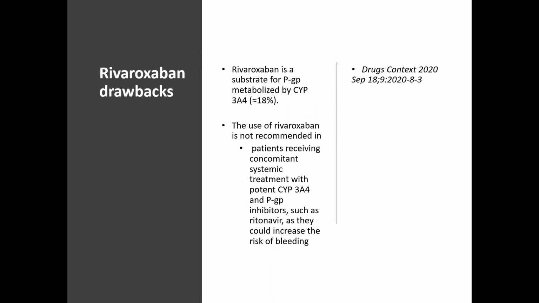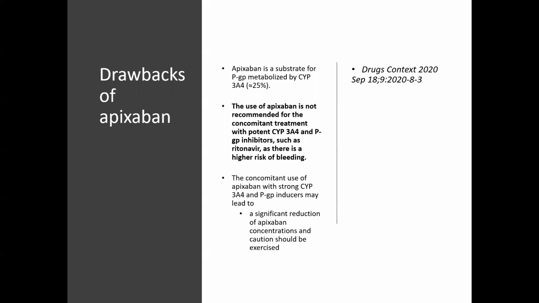However, rivaroxaban is a substrate for PGP and metabolized by CYP3A4 about 18%. So use of rivaroxaban is not recommended in patients receiving concomitant systemic treatment with potent CYP3A4 and PGP inhibitors such as ritonavir, as they can increase the risk of bleeding. Similarly, apixaban is metabolized about 25% by CYP3A4.